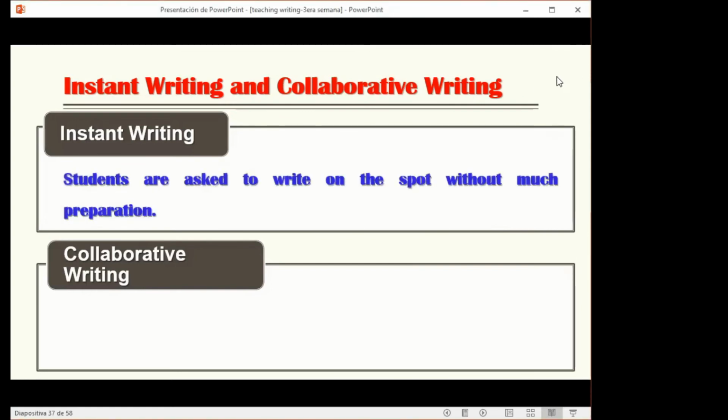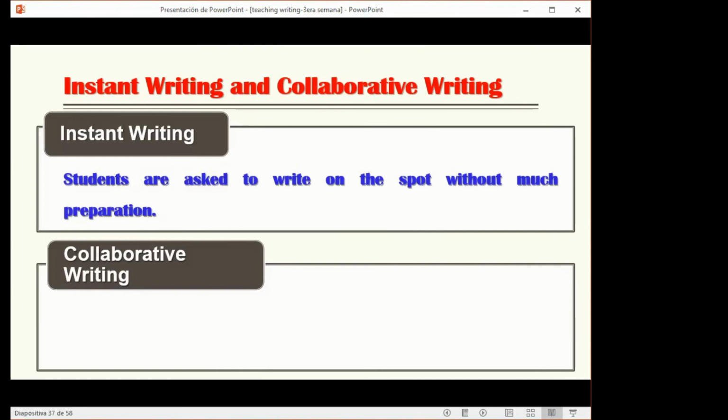So here, the students are asked to write on the spot. Remember this expression, on the spot, at the moment. Instant means at the moment, without much preparation. On the spot, spontaneously, at the moment, immediately. So you ask your students to write that way.